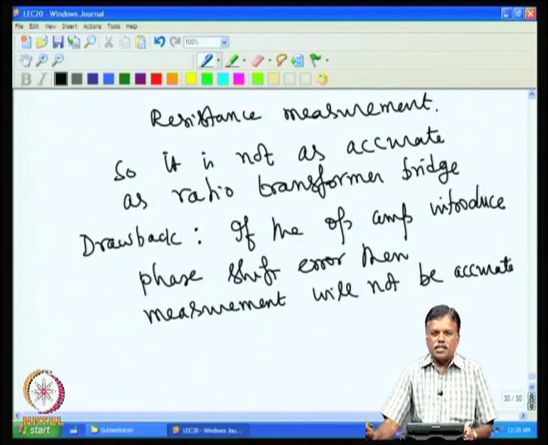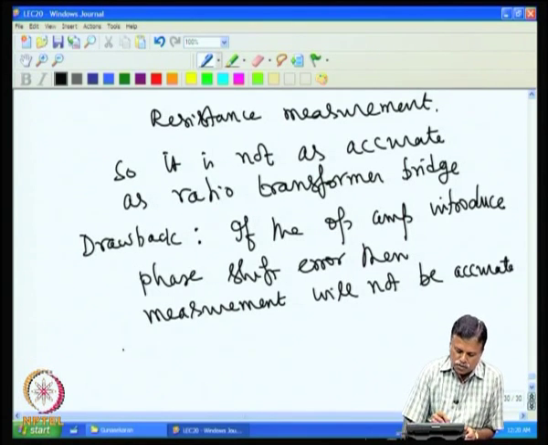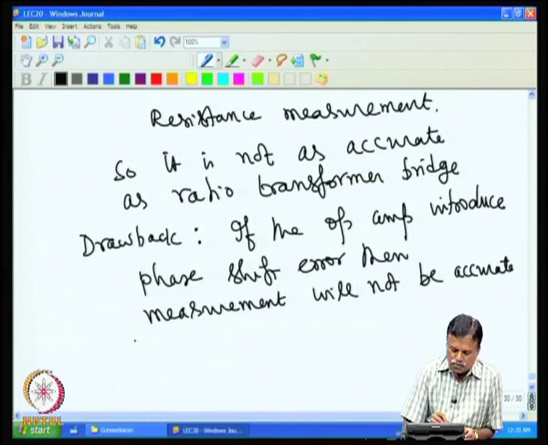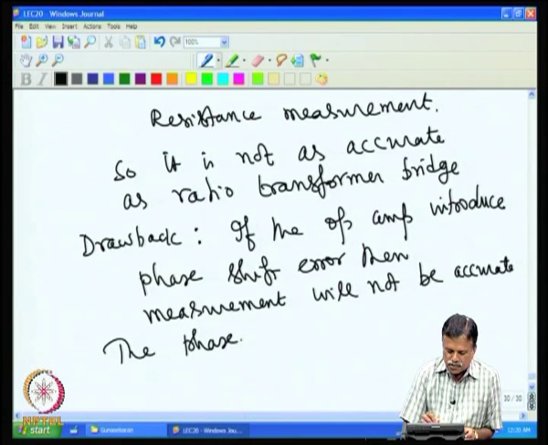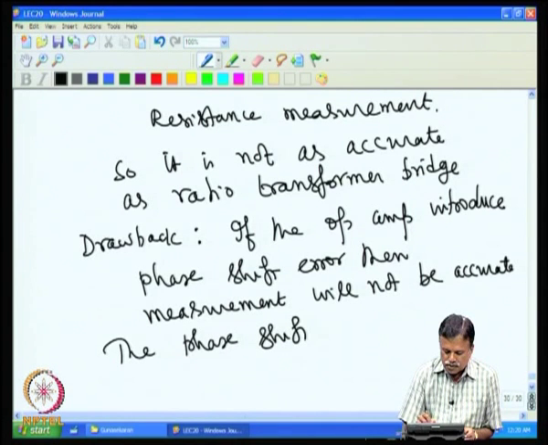That means we have to see that the phase shift produced by the op amps is very small. So for this to work, make sure the phase shift introduced by the op amp is very small.